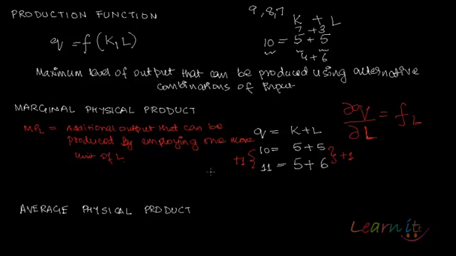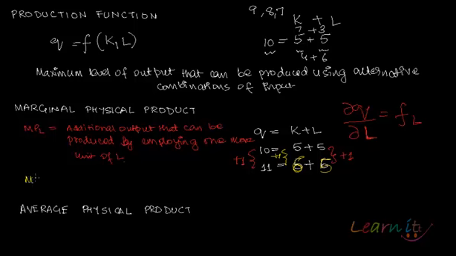Similarly, I could have kept labor at 5 constant but increased the capital to 6. This would also have increased the output. By increasing capital by 1 unit, I have increased the output by 1 unit.